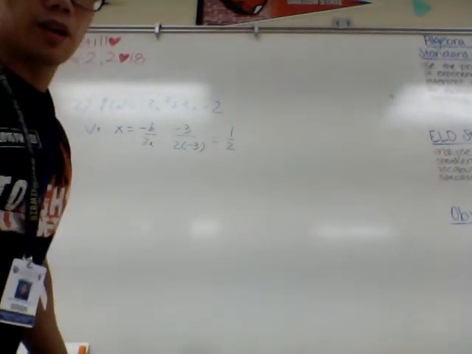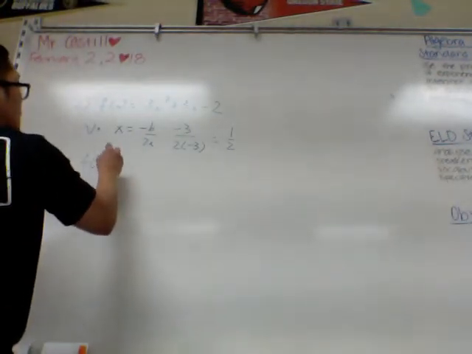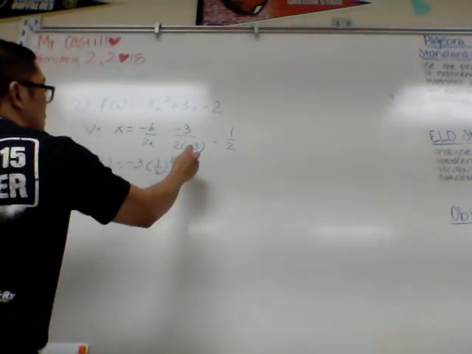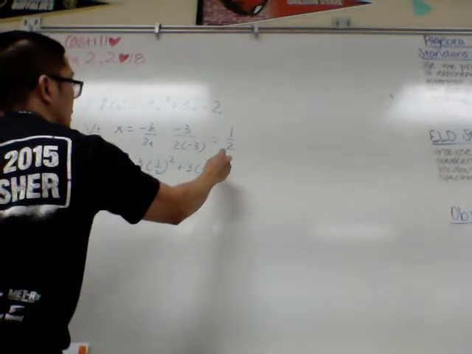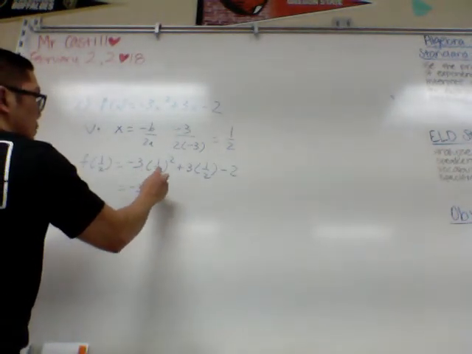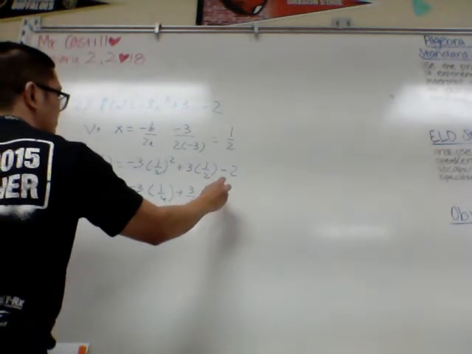Okay. And then you're going to substitute the 1/2 in. So f of 1/2 is equal to negative 3 times 1/2 squared plus 3 times 1/2 minus 2. So this is negative 3 times 1/4 plus 3/2 minus 2.